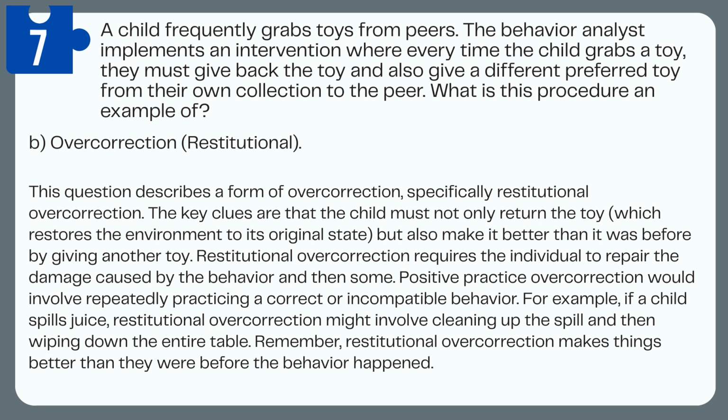Positive practice overcorrection would involve repeatedly practicing a correct or incompatible behavior. For example, if a child spills juice, restitutional overcorrection might involve cleaning up the spill and then wiping down the entire table. Remember, restitutional overcorrection makes things better than they were before the behavior happened.